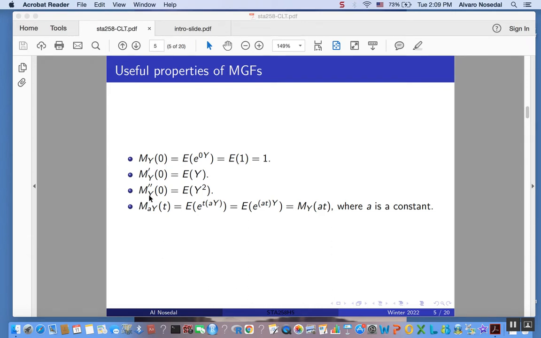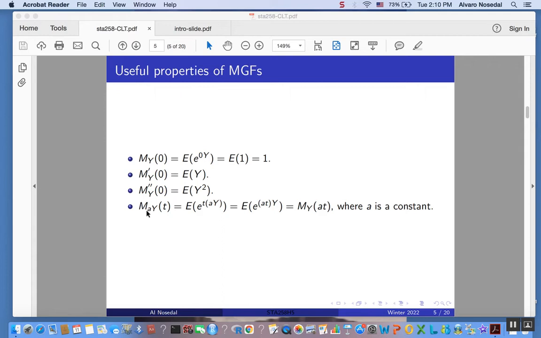If you take the second derivative with respect to t of your MGF and evaluate at 0, then you obtain the expected value of y squared. Okay? One more thing.